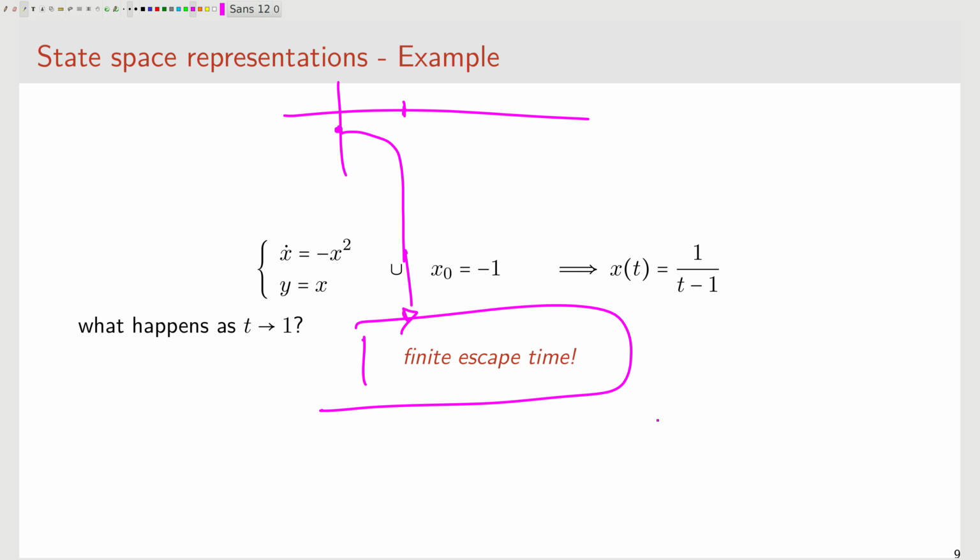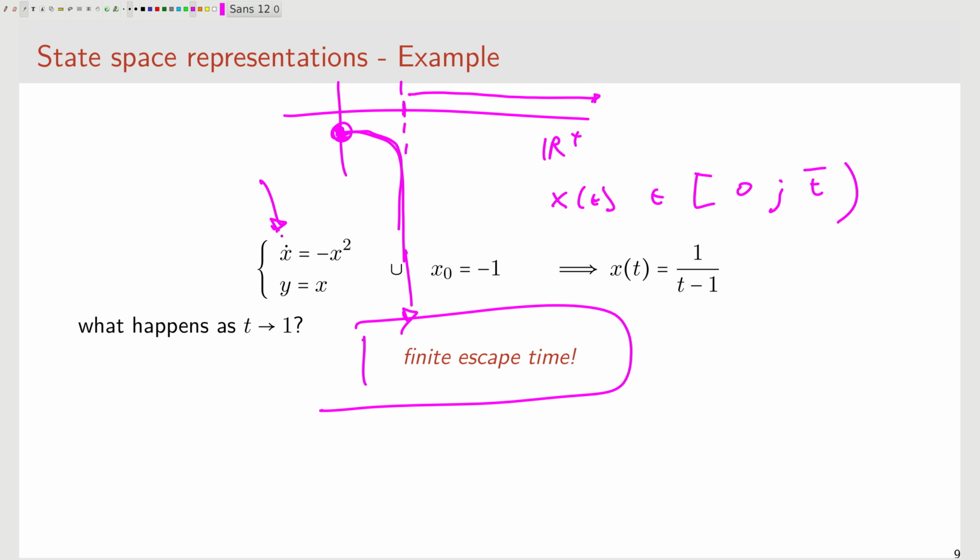This is an important thing that helps realize that whenever we have a system, even if we have a very well defined initial condition, we might not have the solution defined over the whole R plus usually. We might have that at a certain point the solution explodes. So it might be that x of t exists only between, let's say, 0 and a certain time. But notice that the solution here is unique. So this is a well-defined state space representation.